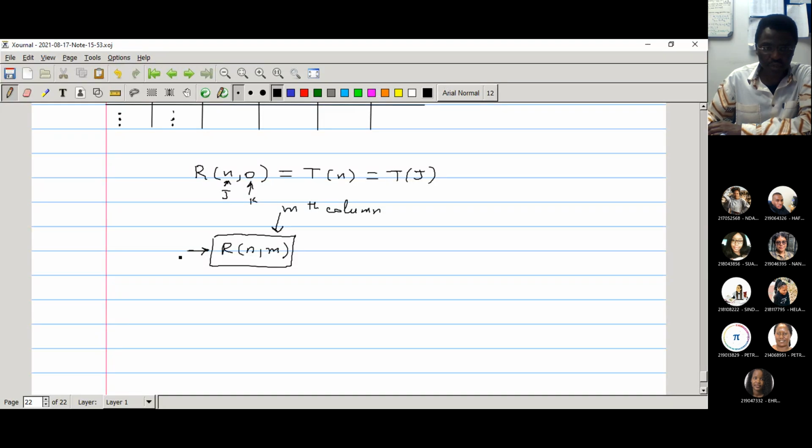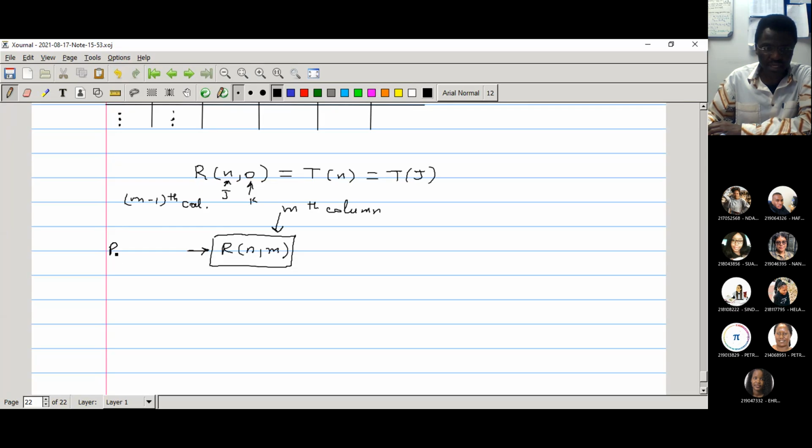Now I know that in order to compute this, I will need the previous column. So meaning that in order to compute that, I will need this column, the M minus first column. This is what I will be using. I will use the current row and the previous one.